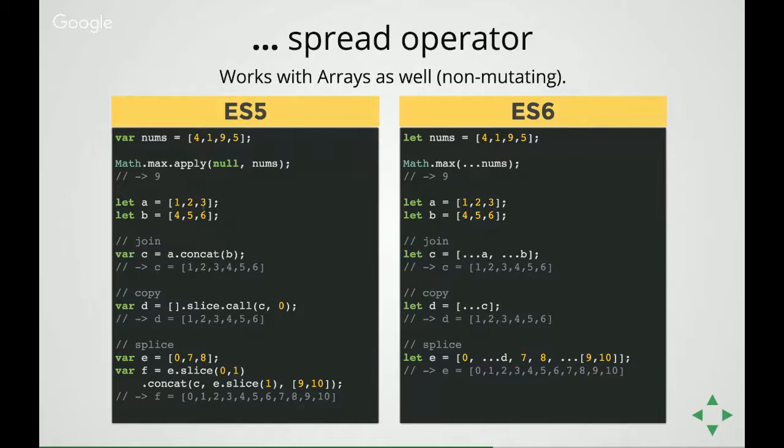So using spread with arrays is fairly handy and lets us do all sorts of really cool stuff. The first one is passing arguments to functions at runtime that might be computed, right? We can't just hard code the function call with the parameters. Say we're getting some input from the user, it's calculated, whatever.